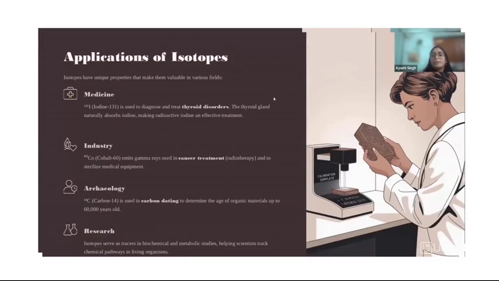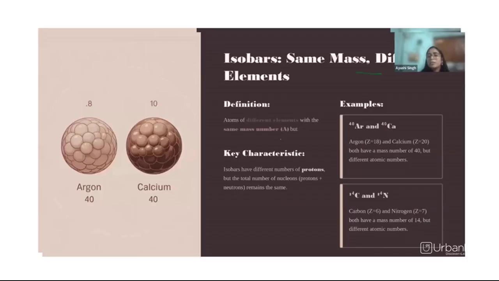Okay, now isobars. Isobars have the same mass but are of different elements. If you look at argon and calcium, their atomic numbers are completely different, but they have the same mass. Why do they have the same mass?